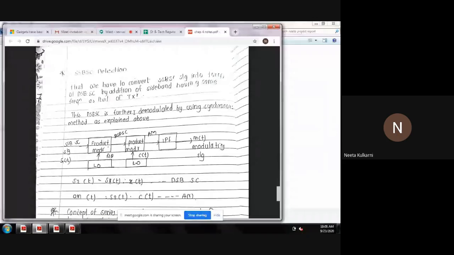डायरेक्टली SSB-SC डिटेक्ट करू शकतो का रिसिव्हरला? काय सांगितलं मी आता? डायरेक्टली करू शकतो का? Give answer please. करू शकतो का डायरेक्ट आपण नाही. रिसिव्हरला? काय करावं लागेल पहिल्यांदा?